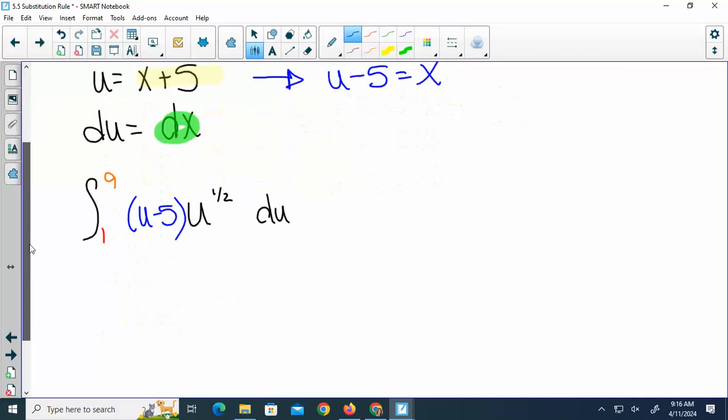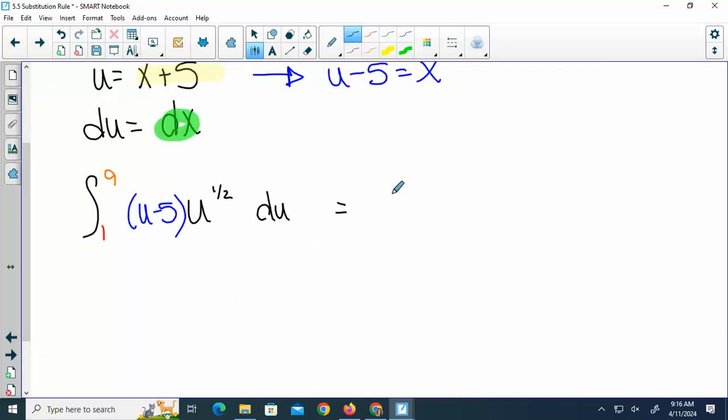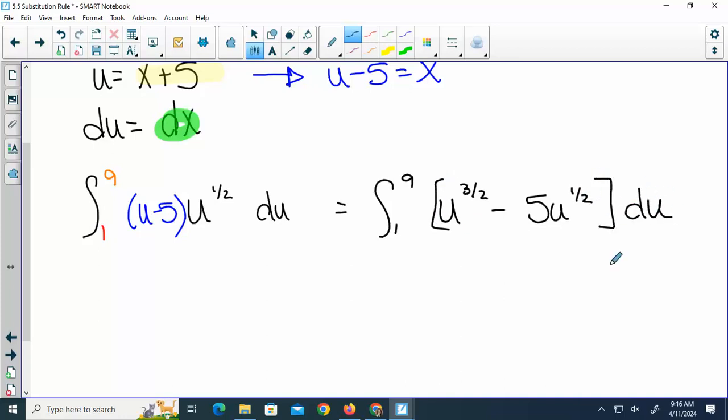What do we have to do before we work out the antiderivative? So u times u to the 1/2, add exponents, so that would be 3/2. 5 times u to the 1/2 is 5u to the 1/2, du. Add 1 to the power, 3/2 plus 1. So 3 over 2 plus 2 over 2 is 5 over 2. Reciprocal in front.